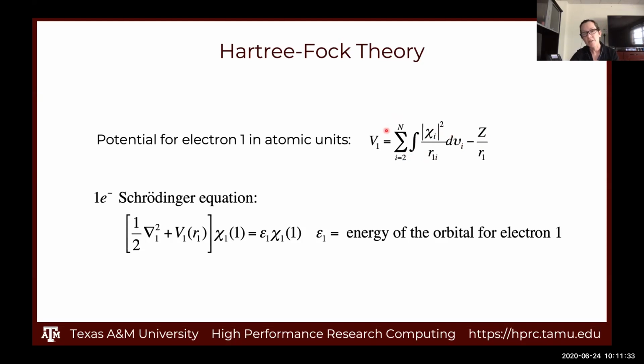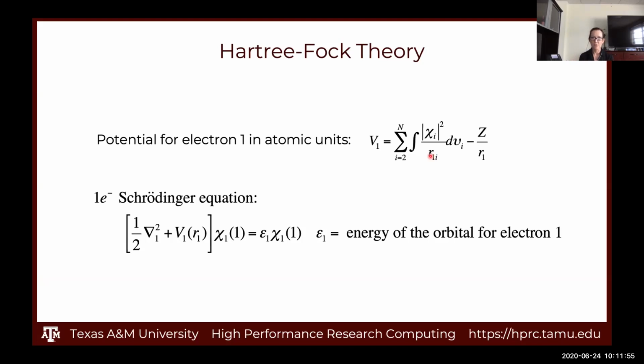Okay. So the consequence of this equation for Hartree-Fock theory, the way that it's listed out, is that electron 1 sees a smeared out cloud of the other electrons. Okay, so it's an average effect. Electron 1 sees this smeared out cloud of the other electrons.